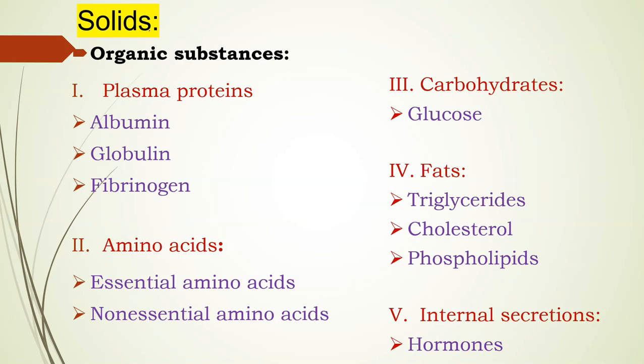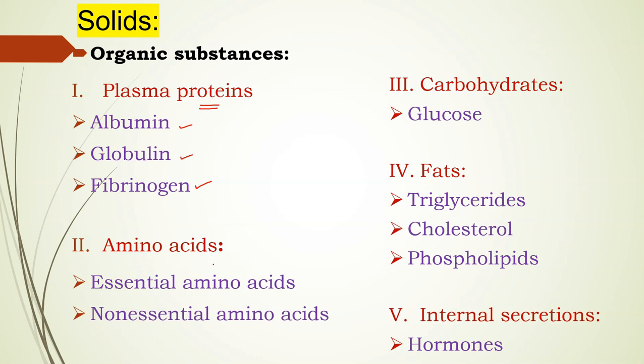Let's see. The first one is plasma proteins. In the plasma proteins, mainly we will observe the presence of albumin, globulin, and fibrinogen.